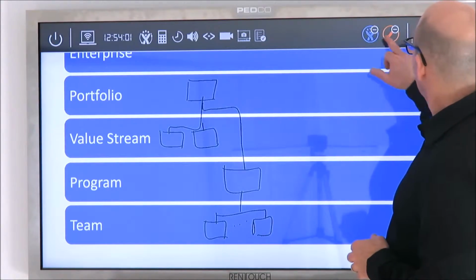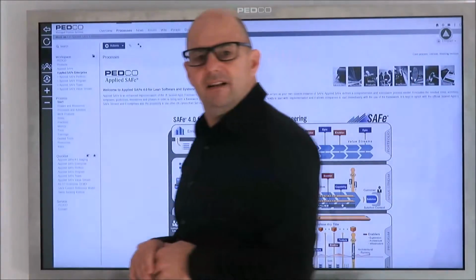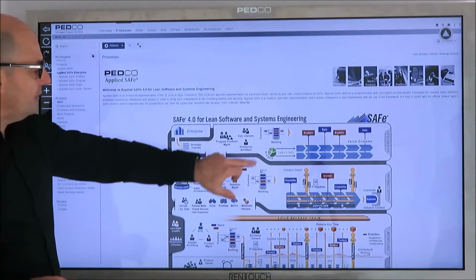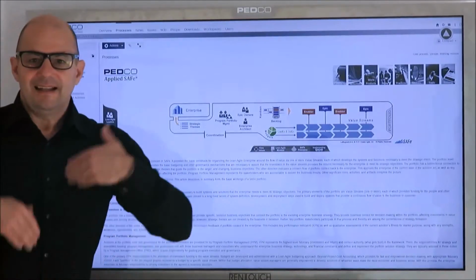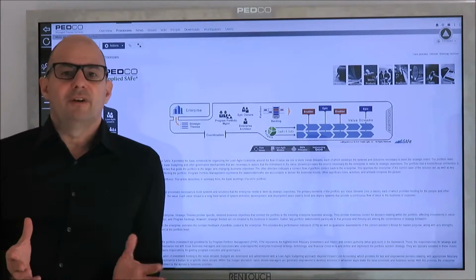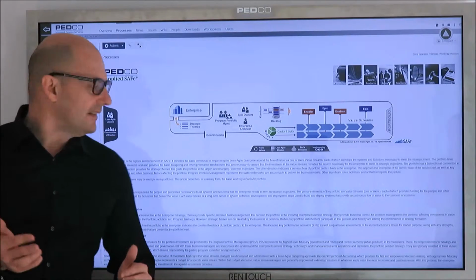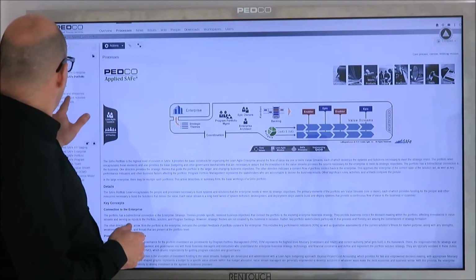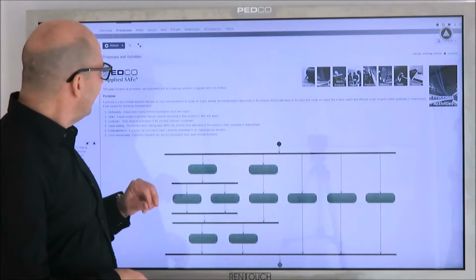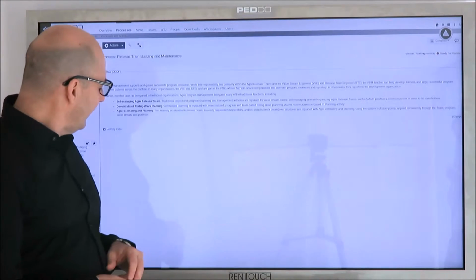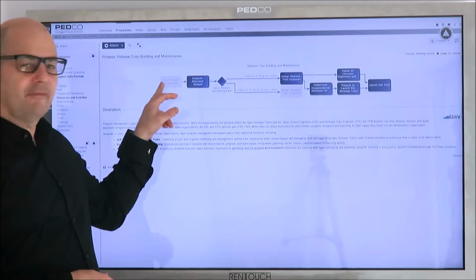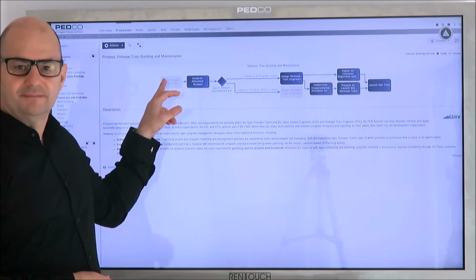But let's go back to the process itself, because if we go to the portfolio, this also has a representation in the process of release train building and maintenance. And for doing that, we go into the process itself. Taking a look in detail at the process, release train building and maintenance, we see that we are coming here from the budgeting process.